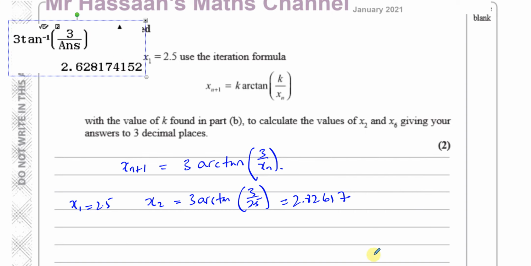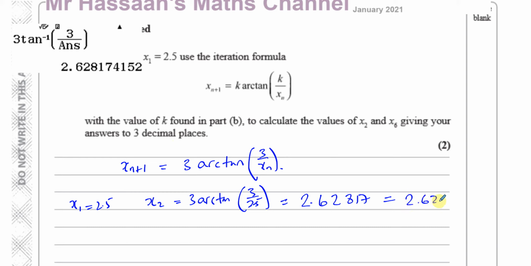Because in an exam it's not such a big deal with a calculator in front of your face, but here the calculator disappears when I go into this thing. So I'm just going to write this over here: 2.62817. So to 3 decimal places, that's 2.628.